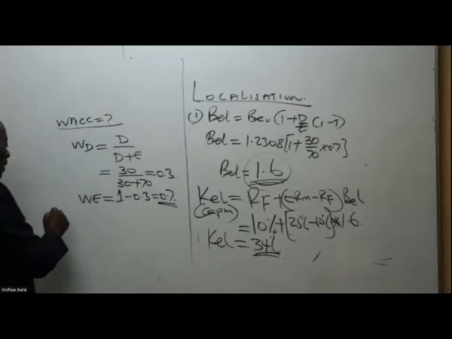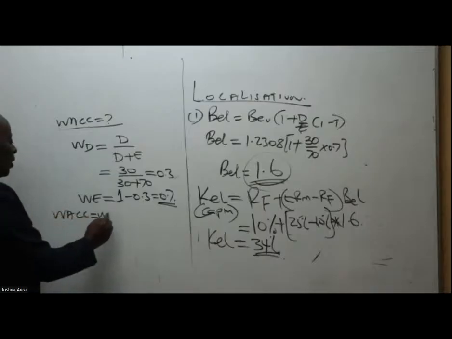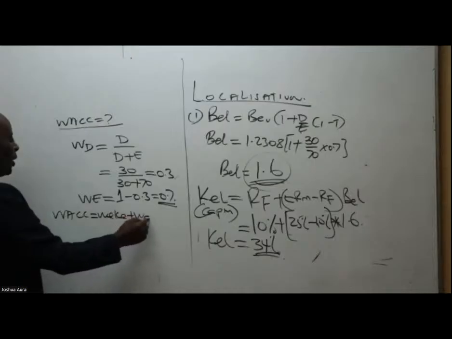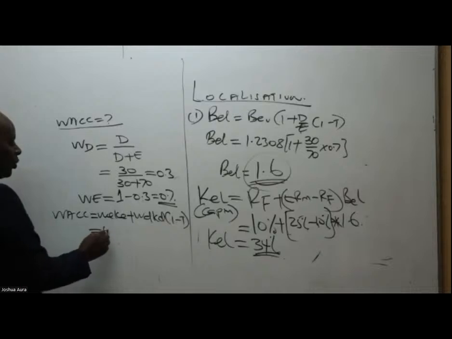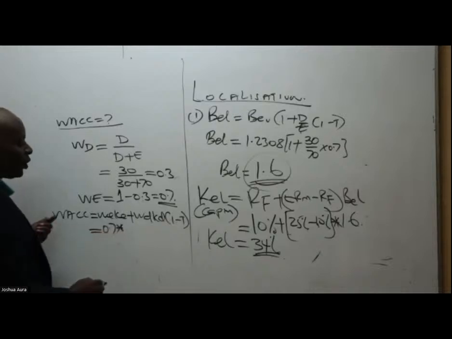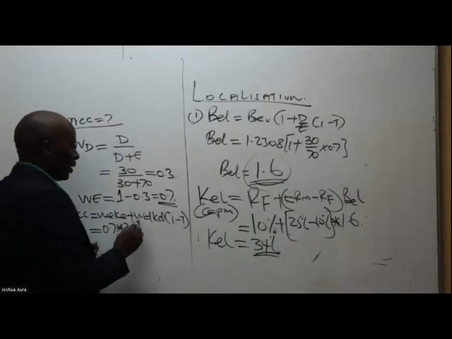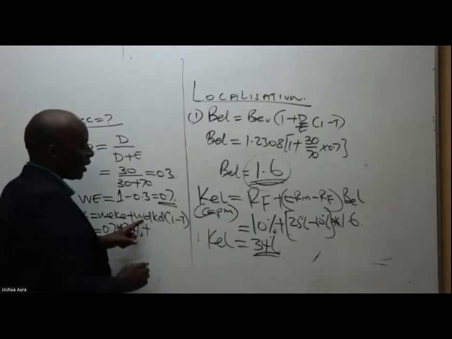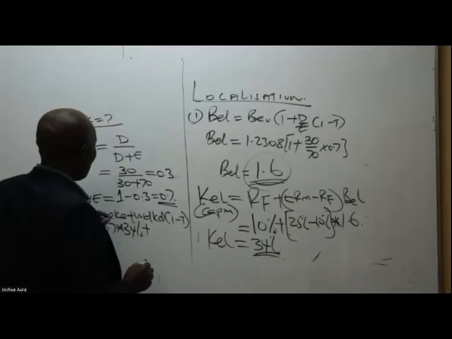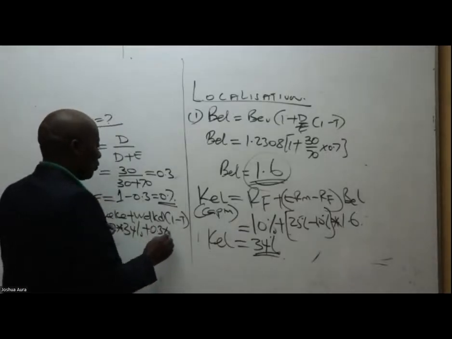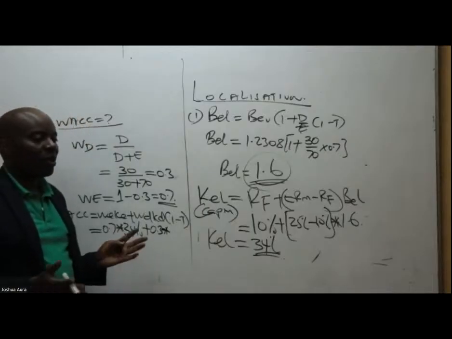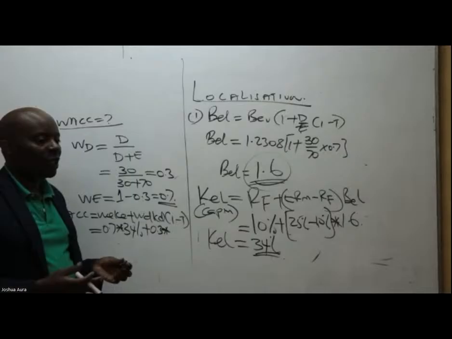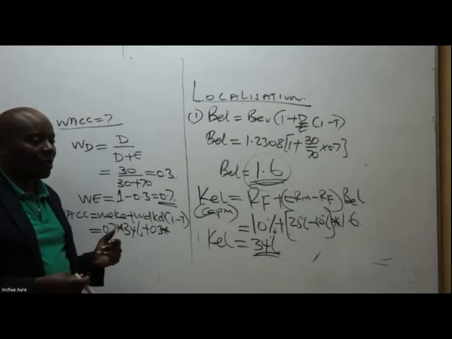Now WACC will be weight of equity times cost of equity, plus weight of debt times cost of debt times (1 minus tax). Weight of equity is 0.7, the cost of equity we already have as 34%, plus weight of debt 0.3. Has the cost of debt been given expressly, or do we work with risk-free, which is 10%?